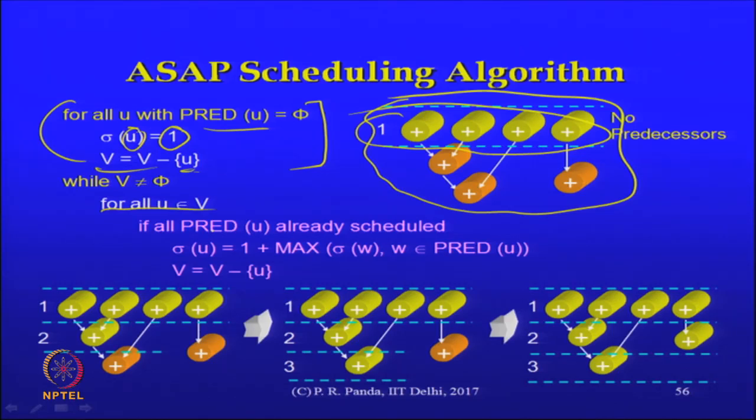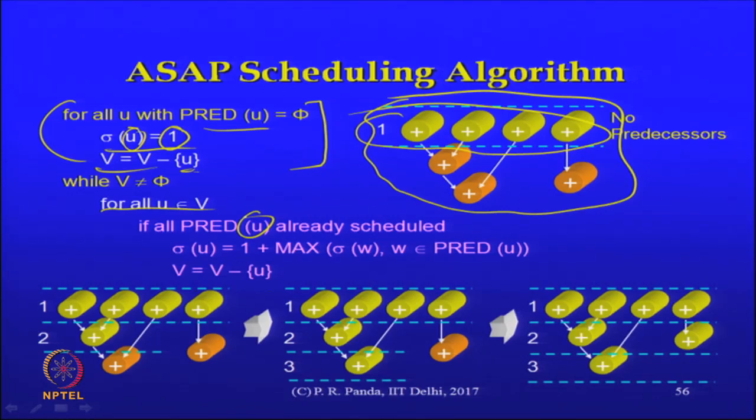How do I know? Of course, I initialize that schedule to something else, a negative number or something like that. If it is assigned some positive number like 1 or anything else, then I will say that if all the predecessors of u are scheduled, then u itself is ready to be scheduled, right.